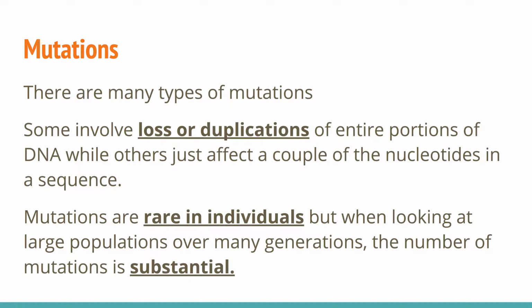So there are many types of mutations. Some involve loss or duplications of entire portions of the DNA, while others just affect a couple of nucleotides in the sequence. Mutations are rare in individuals, but looking at a large population over many generations, the number of mutations is substantial.